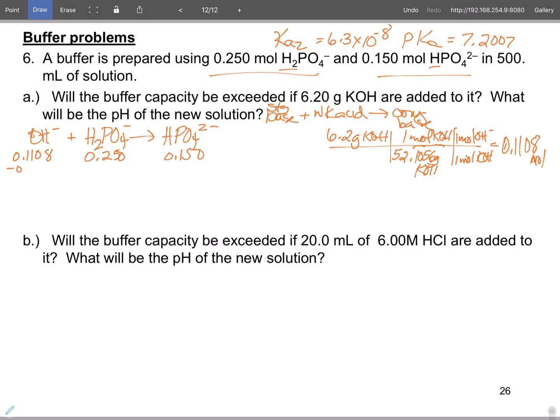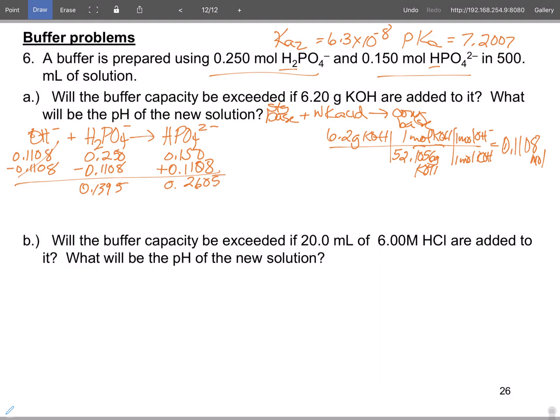So it subtracts 0.1108. And remember, this is just a stoichiometry reaction, so we don't have an ICE table. So this disappears. We're left with 0.1395 and 0.2605.